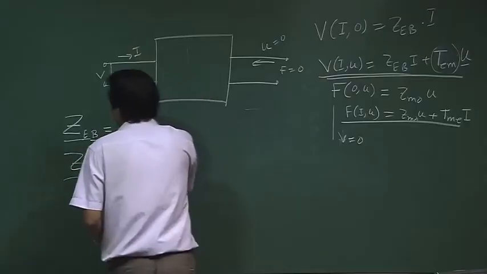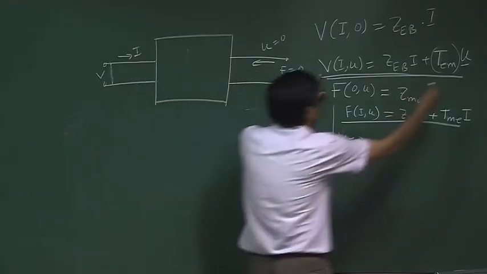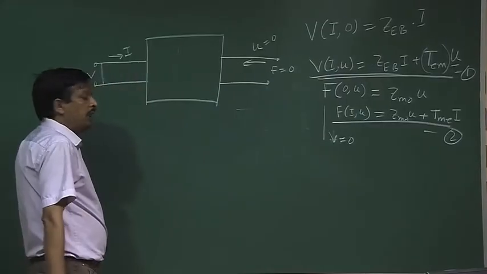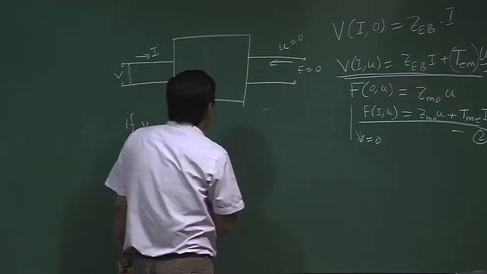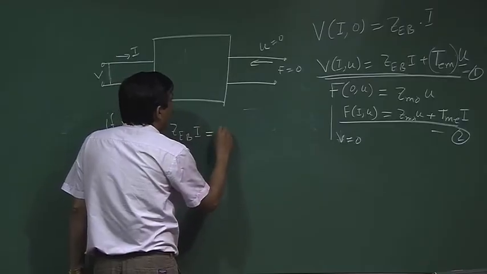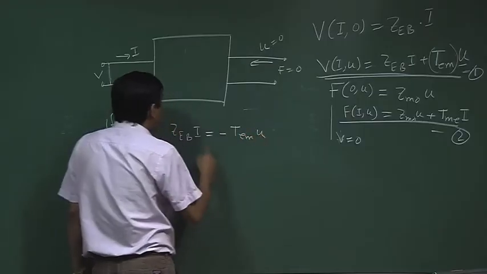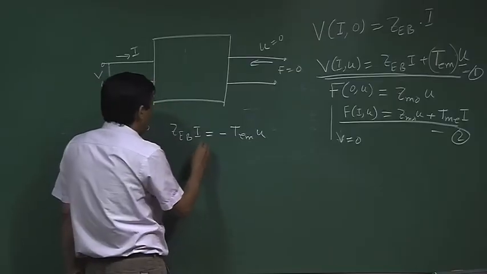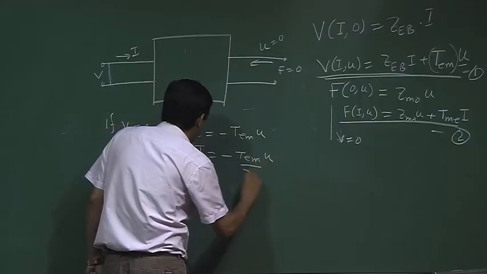So those are the coupling or transduction coefficients. This is equation number 1 and this is equation number 2. Now, if V equal to 0, then in equation 1, ZEB into I is equal to minus TEM into U. So I is nothing but minus TEM into U by ZEB.